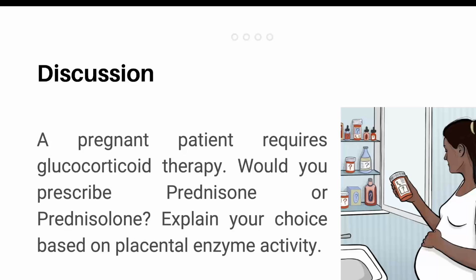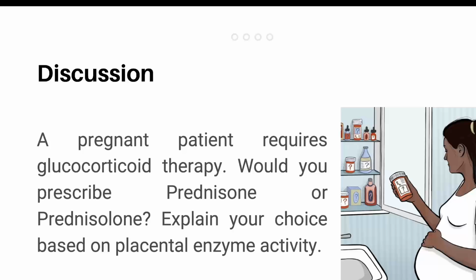If you know the prednisone, it's the same as prednisolone, same product and same mechanism of action. But the point is that prednisone differs from prednisolone in that it is a prodrug. Prednisolone is not a prodrug. It is already an active drug. So what do we mean by prodrug?